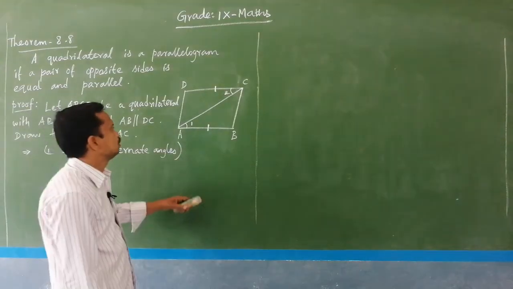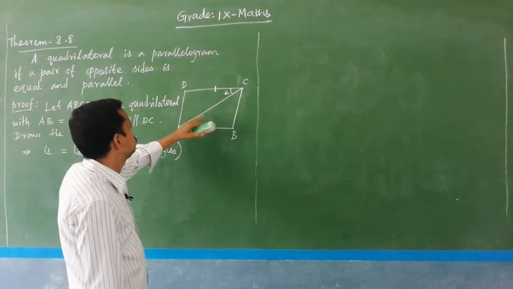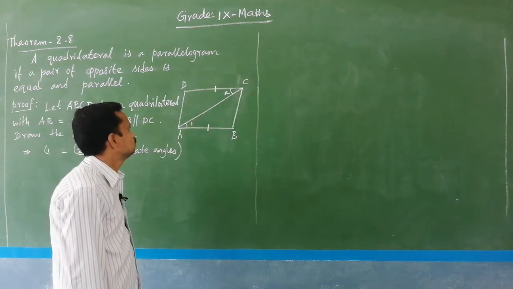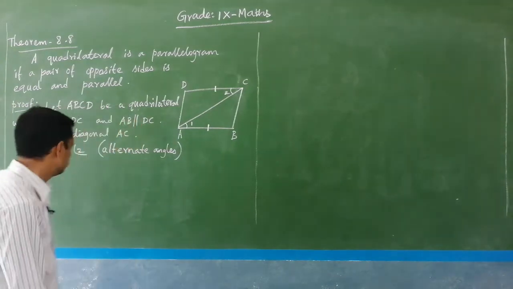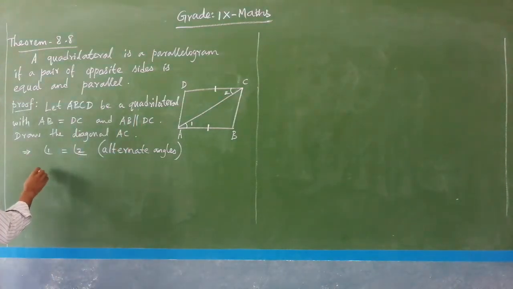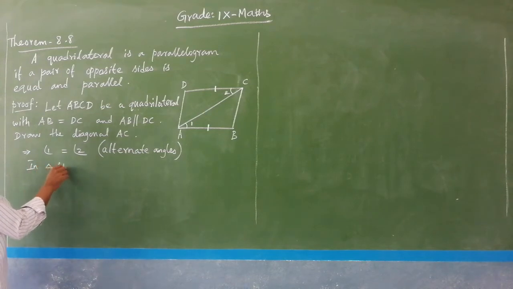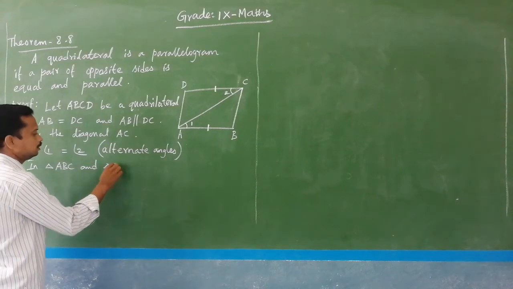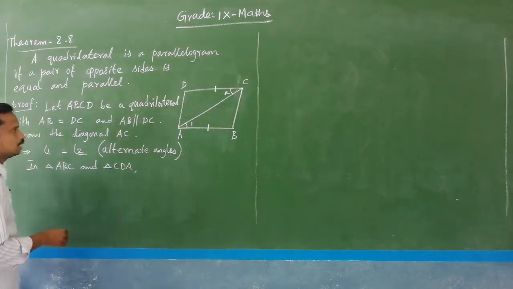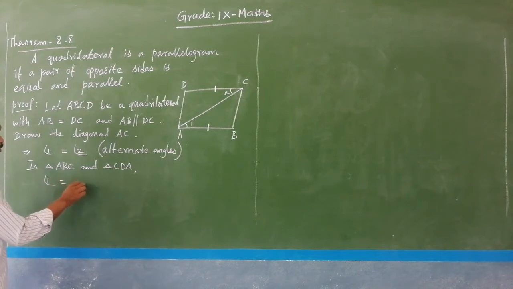Now you take these two triangles. In these two triangles we have to show they are congruent. So, in triangle ABC and triangle CDA, we have angle 1 equal to angle 2, proved.